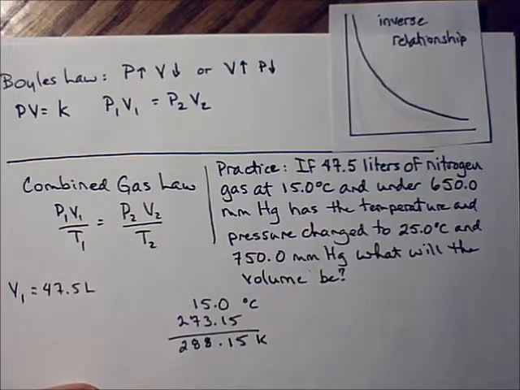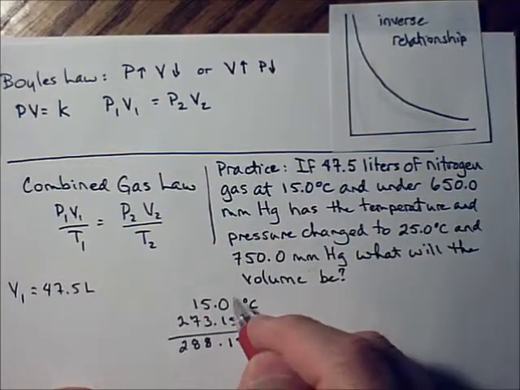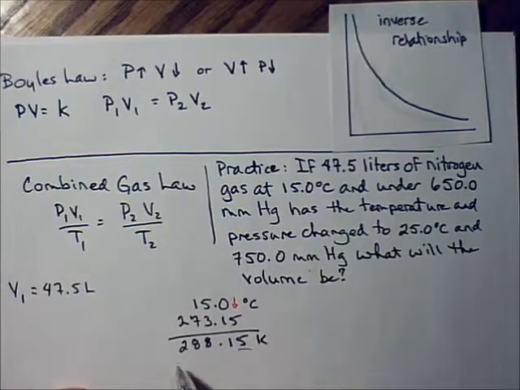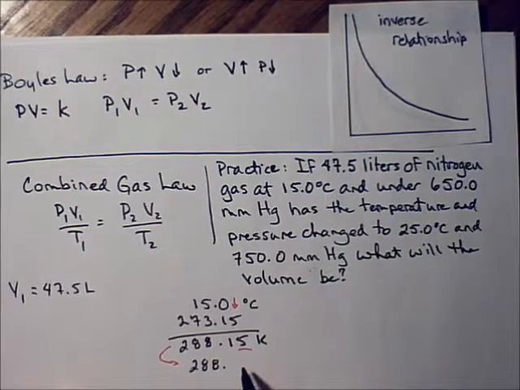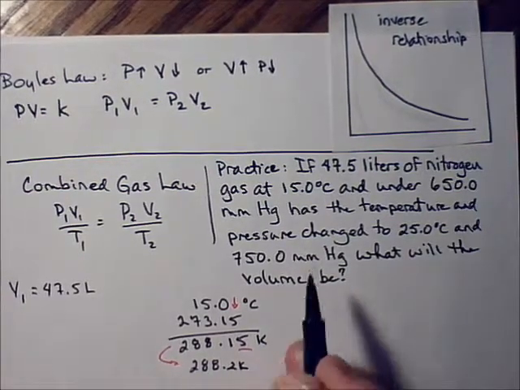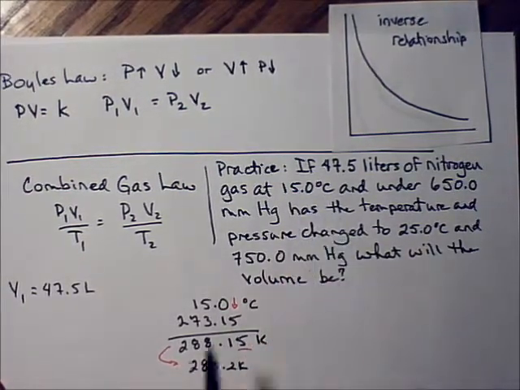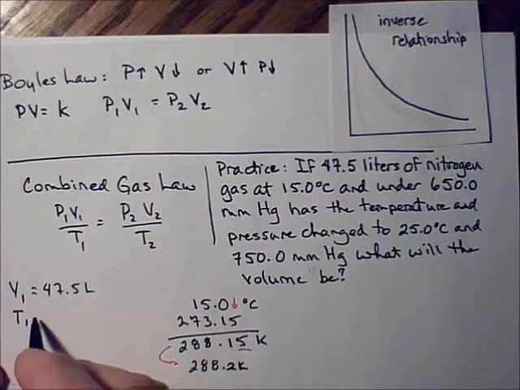And that's the Kelvin temperature. We're going to round that off because we got this empty slot above the 5. And so I get 288.2 K. So temperature 1 is actually going to be listed as 288.2 K.